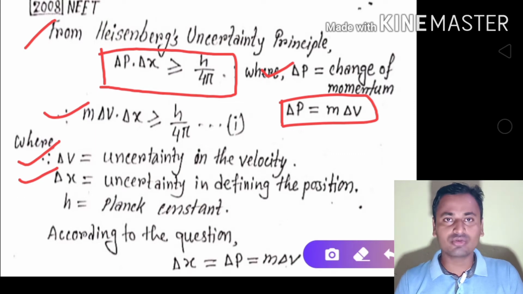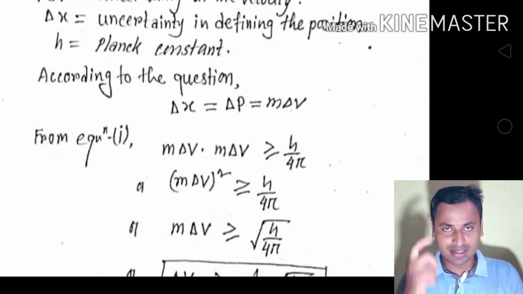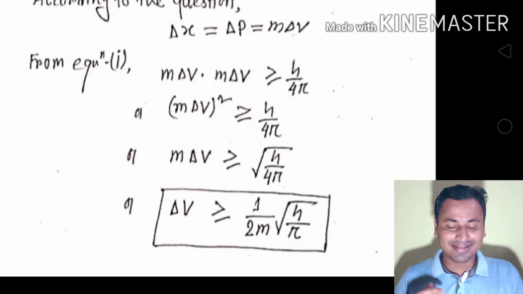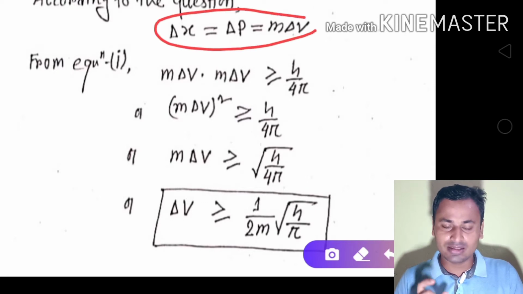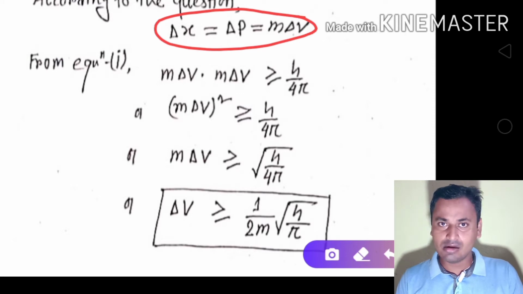So according to this question, the condition is that del x, the uncertainty of position of the particle, is equal to the uncertainty of momentum. So del x equals del p, that means del p equals m into del v.